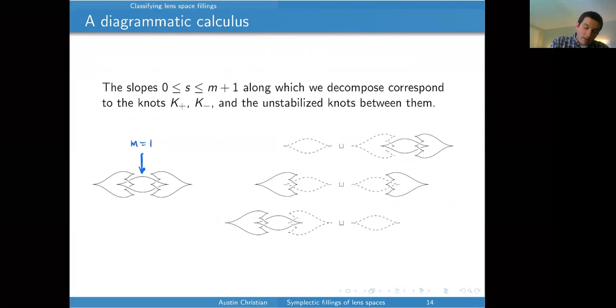And if we are considering this case where K minus is on the left and K plus is on the right, taking our slope equal to 0 corresponds to deleting K minus. And when you get this disjoint union, you're sort of peeling off a copy of S3.